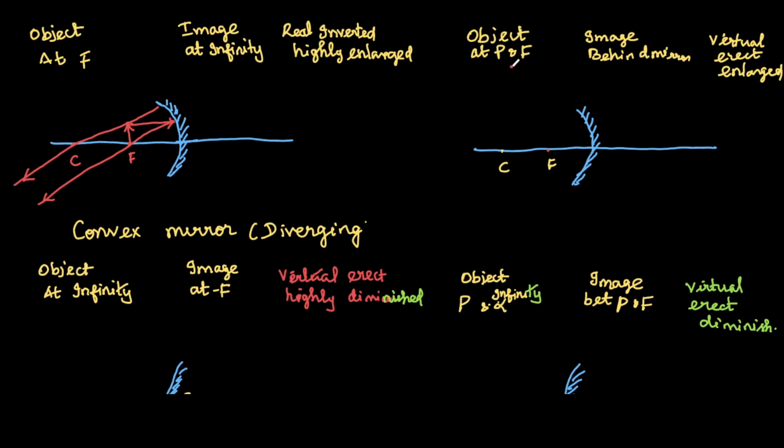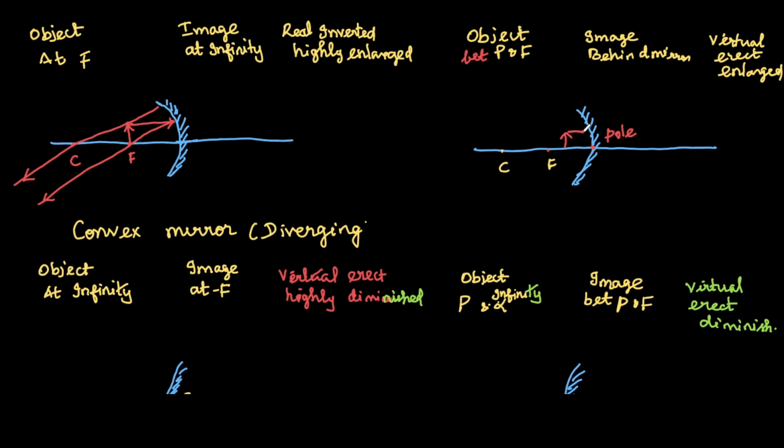The object is kept between P and F. So P is the pole of the mirror.